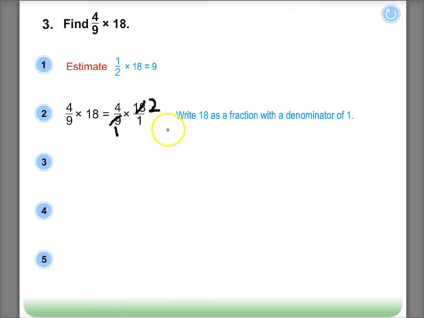So now I end up with 4 over 1 multiplied by 2 over 1. When I work that out, 4 times 2 is 8 over 1. We can ignore the over 1 and just make 8 our answer.